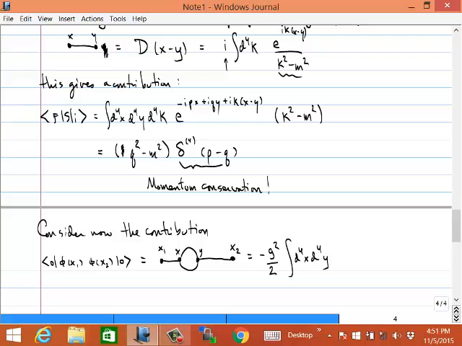You have a 2 because the symmetry factor of the Feynman diagram is 2. You have to integrate over the positions of these internal vertices, and then you get a bunch of propagators. So using the notation we used last time, you get a propagator from point 1 to x, 2 propagators from x to y, and a propagator from y to 2.